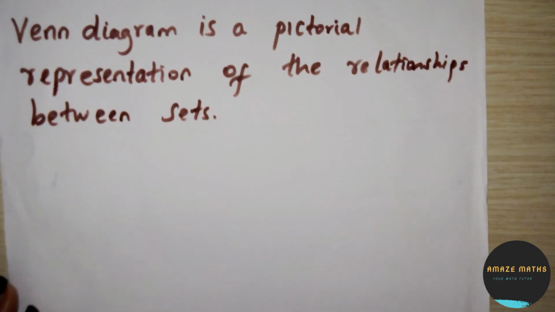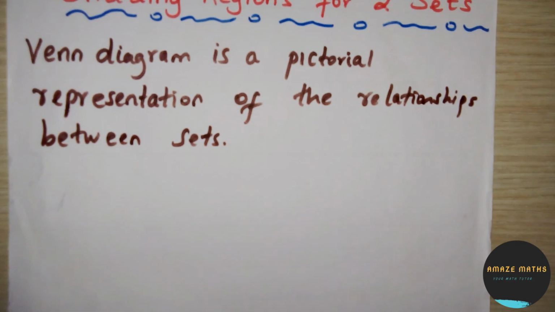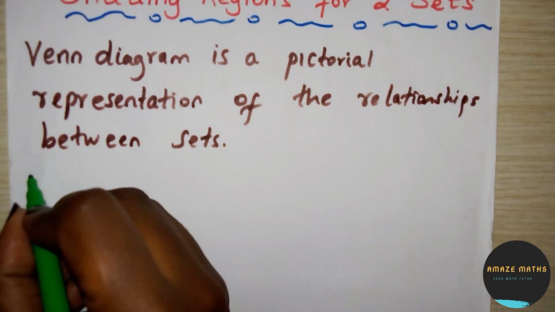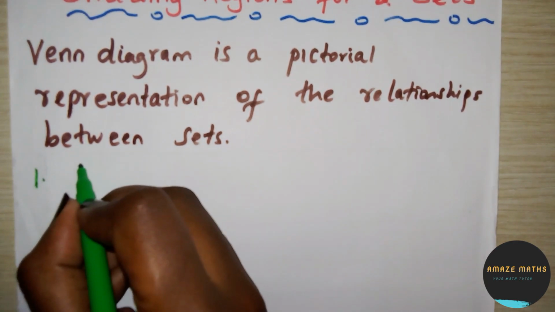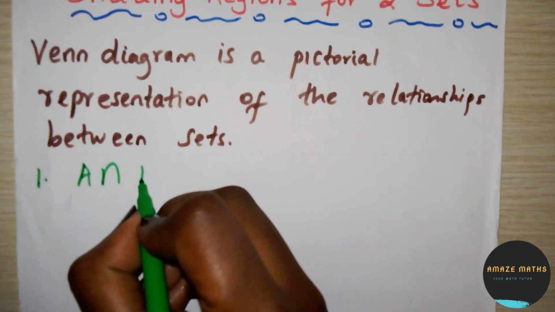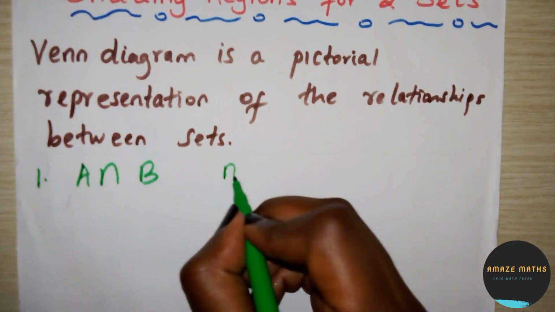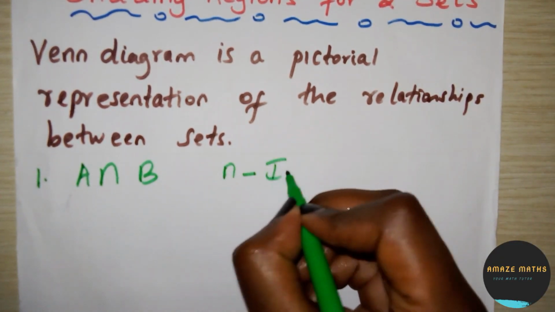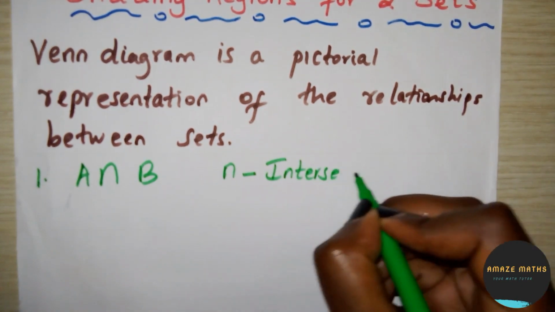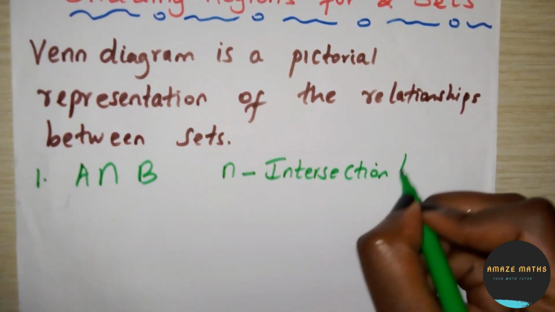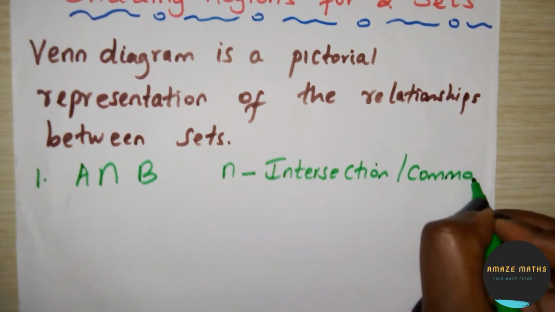We look at 9 of them. We're going to draw it and then shade it out. I'll give you an example to understand better. The first one is A intersection B. This is the notation for intersection, or what is common between the two sets.